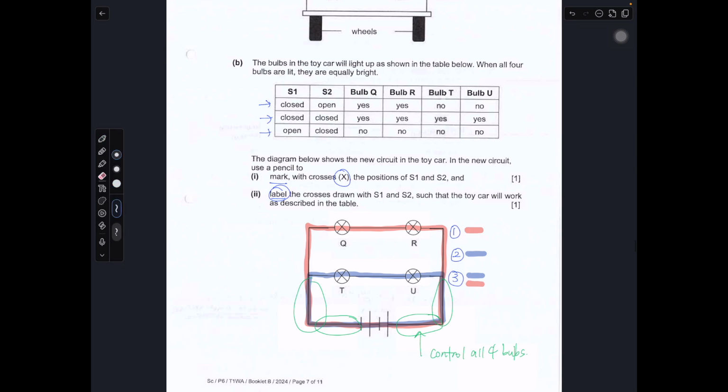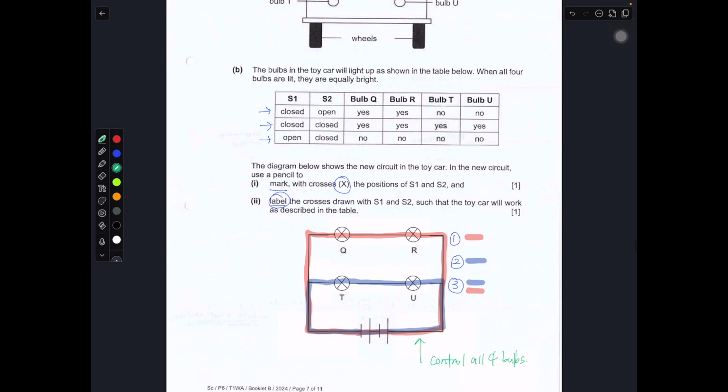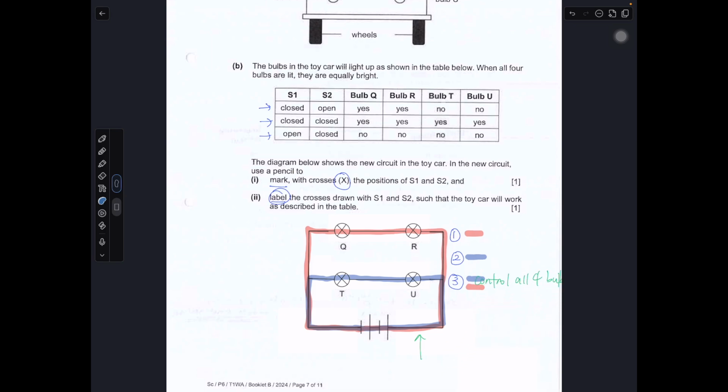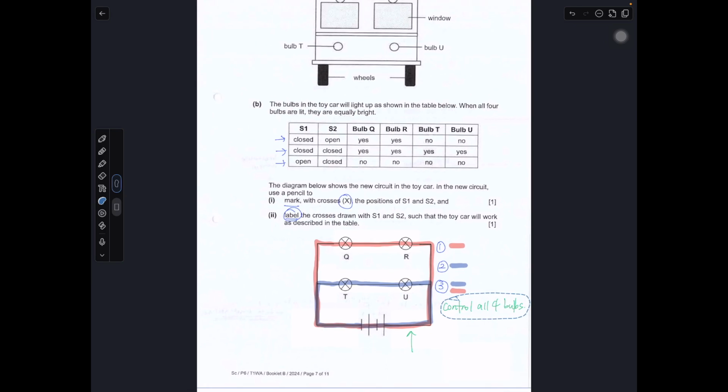Okay, so let me just erase this part first. Then now we take a look at the data. At least this is for number 3: control all 4 bulbs. How about number 1?